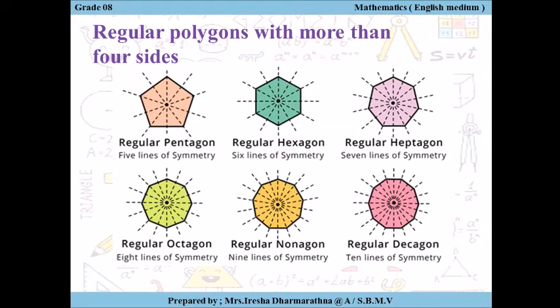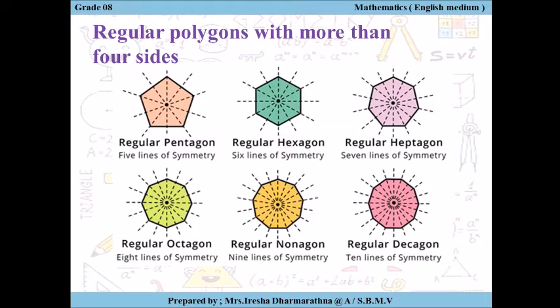Then we move to the regular polygon with 4 sides. What is it? It is a square. It has 4 sides and it has 4 axes of symmetry. Then the next polygon, the regular polygon with 5 sides, is the regular pentagon.